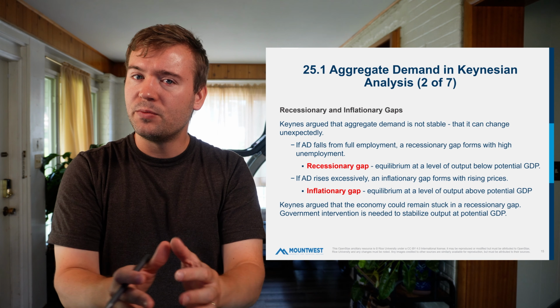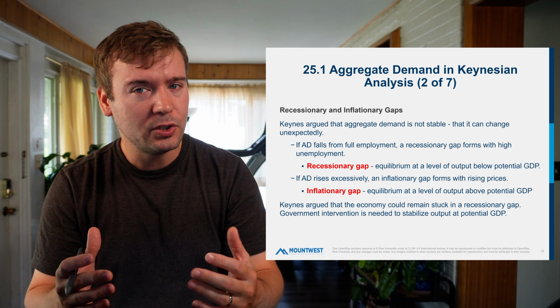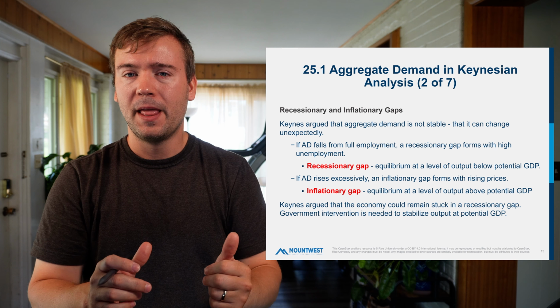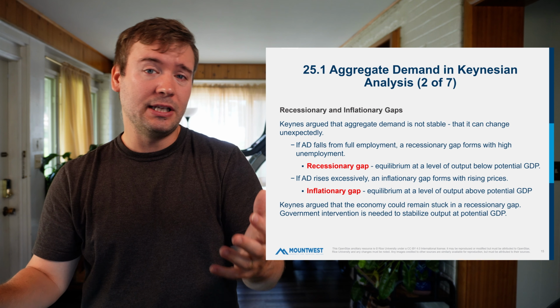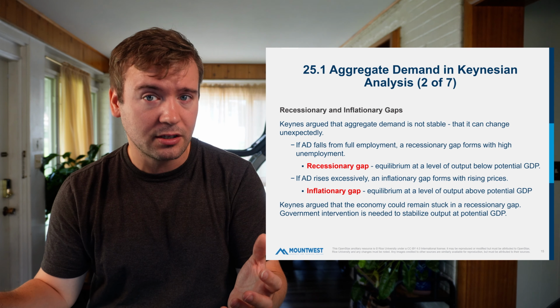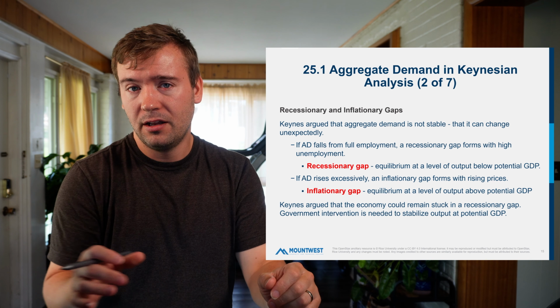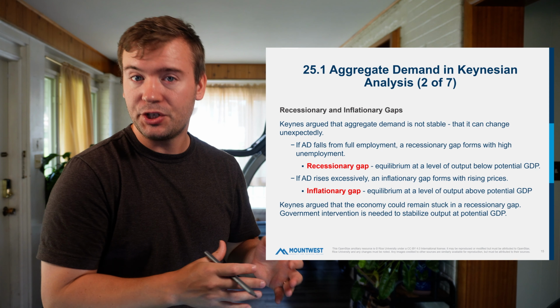This is a situation where the economy is in equilibrium, but with output at a level below its potential GDP, leading to unemployment. Keynes was particularly concerned about these gaps because he believed that the economy could remain stuck in a recessionary gap with persistent unemployment for a significant period of time without active intervention.